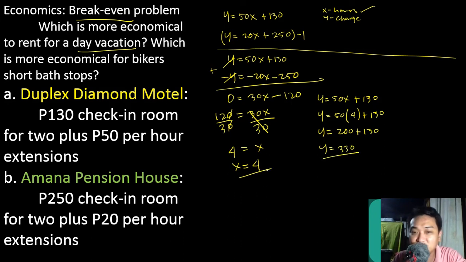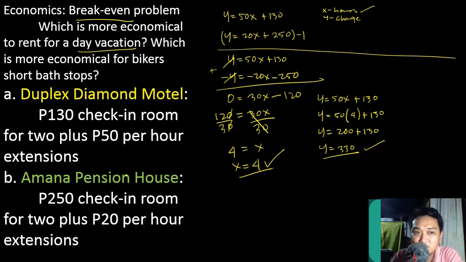There you go. So, ibig sabihin po pala, patas si Duplex Diamond Hotel at saka si Amana Pension House. Pagka nagtagal ka dun ng 4 na oras, ang babayaran mo is 330. Or in other words, we can also state it another way.